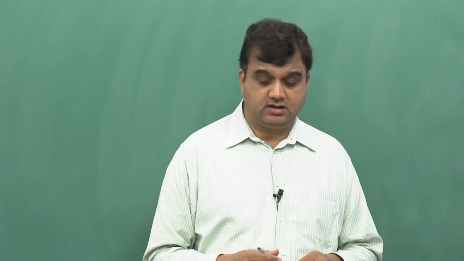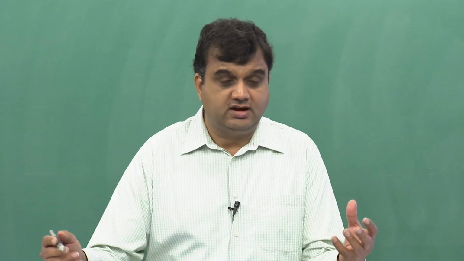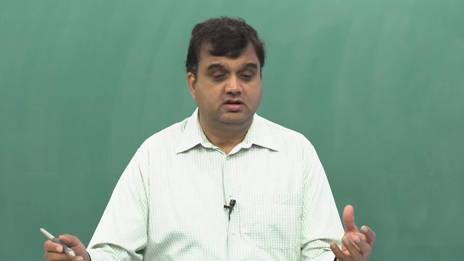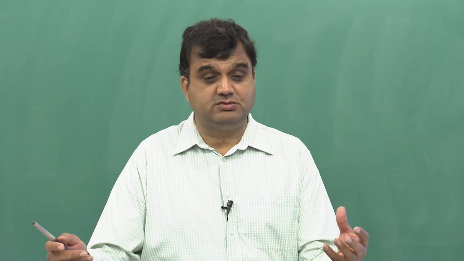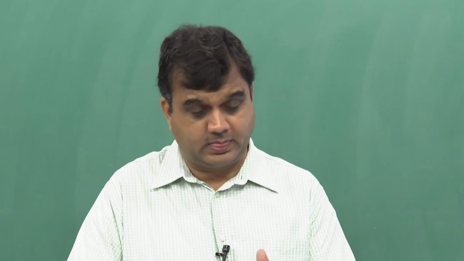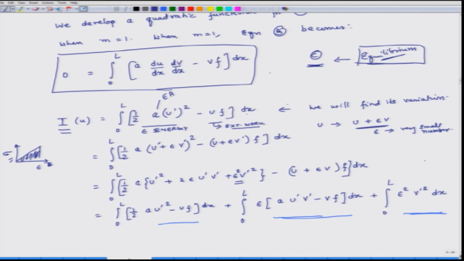And our principle of minimum potential energy says that the system will be in equilibrium when the potential energy of the system is at a minima, right. So, this I represents the overall potential energy of the system, and what I am doing is finding its variation.